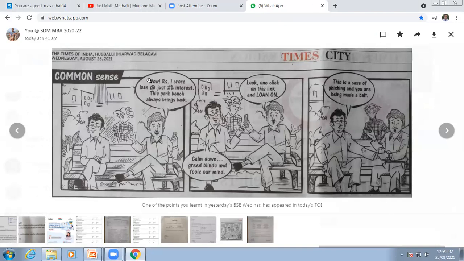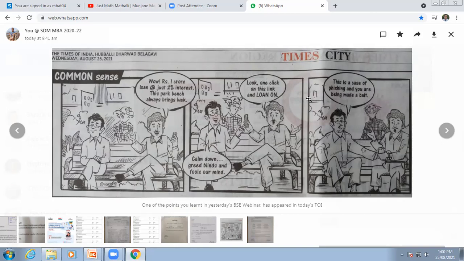This man says, wow, I got a 1 crore rupee loan at just 2% interest. This park bench always brings luck. The other person says, calm down, greed blinds and fools your mind. This person again says, look, one click on this link and a loan is on. And the other person explains, this is a case of phishing and you are being made a bait, B-A-I-T, bait.